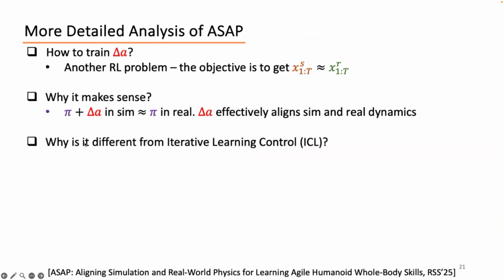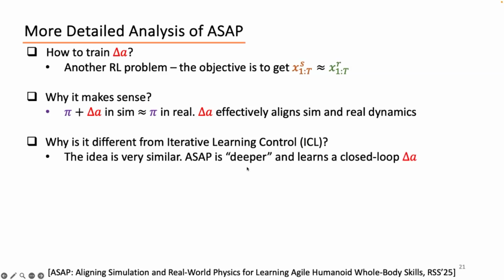And why is it different from a classic control idea called iterative learning control? The idea is very similar. And ASAP is a deeper version of it and learns a closed loop delta A. And typically in iterative learning control, delta A is an open loop sequence. And why don't we call delta A a residual policy?